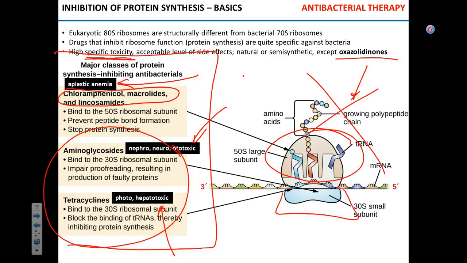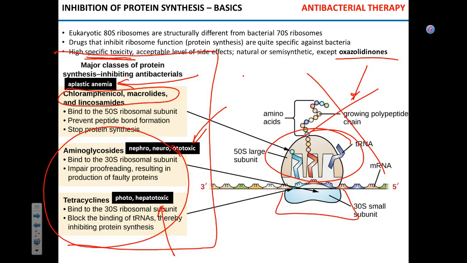those are entirely FYI. I'm not going to ask about side effects of antibiotics, but I just show you the side effects. Okay? Some most notable. For instance, for chloramphenicol, a very common side effect is so-called aplastic anemia, when bone marrow is damaged to the level that it stops producing red blood cells.